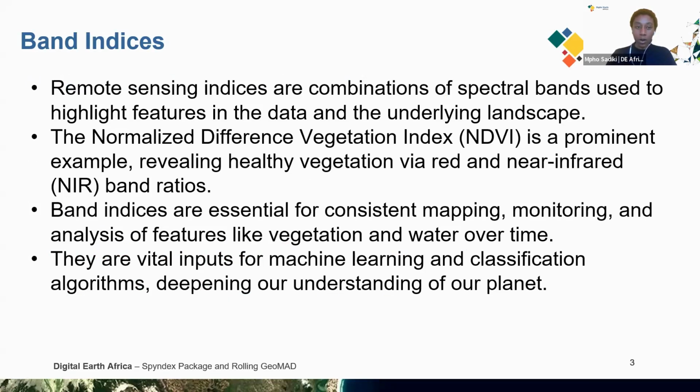One of the most well-known ones that most of us are familiar with is the Normalized Difference Vegetation Index, the NDVI, which is computed from a ratio of the red band and the infrared band to reveal healthy vegetation. These band indices provide very important information that can be used to map, monitor, and analyze different features across the landscape, such as vegetation and water. And they can also be used as inputs to machine learning or classification algorithms to get a deeper understanding of the planet.